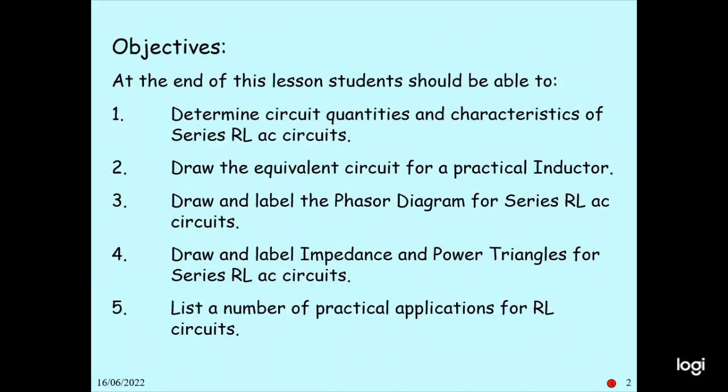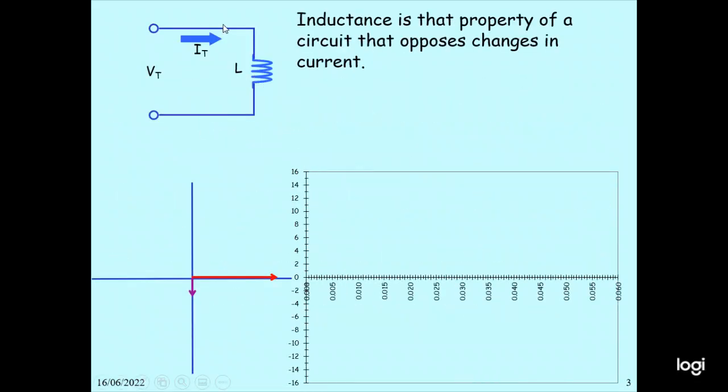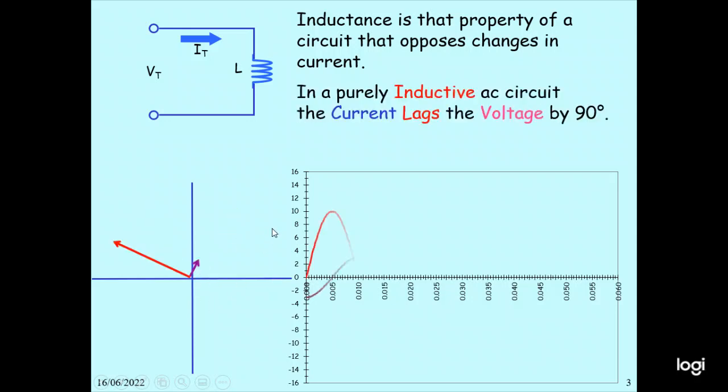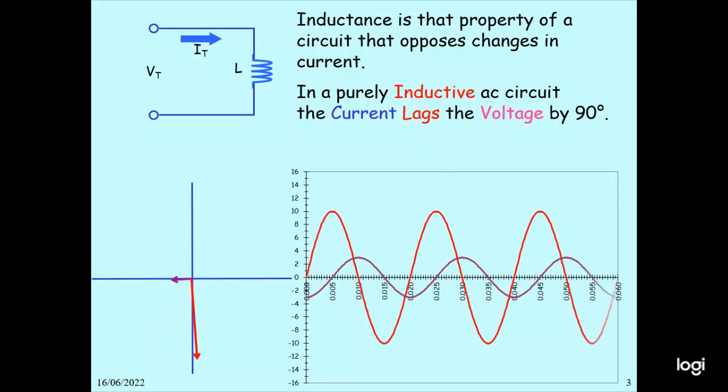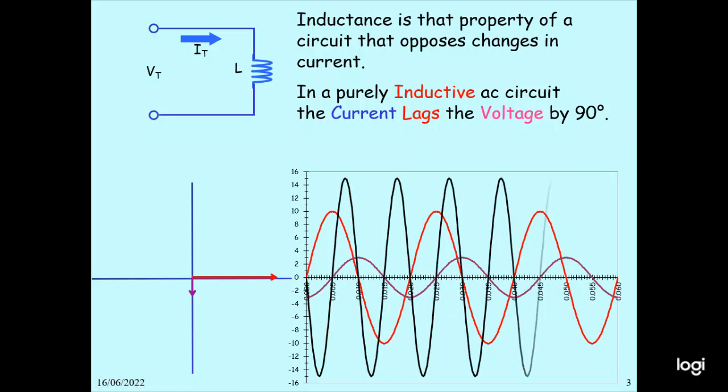This is the inductance, property of a circuit that opposes change in current. So this is the voltage, red one, current purple. Voltage is red one, current is purple. And this is the power. Average real power is 0 watt.